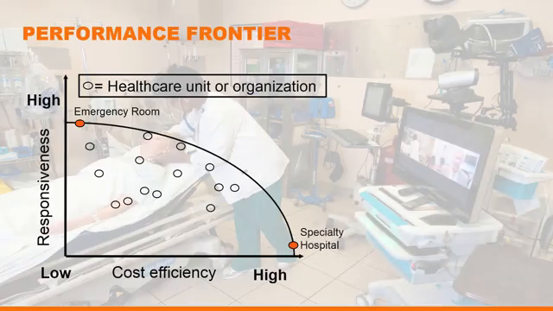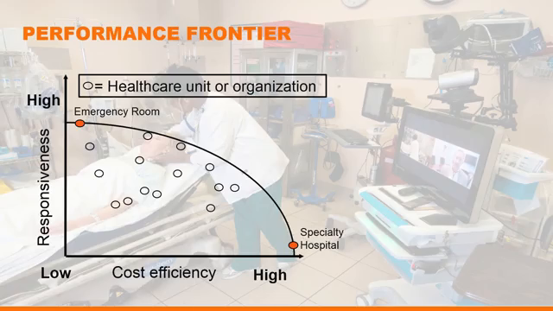So here you have a graph which is talking about the two different competitive capabilities of cost efficiency and responsiveness that you can get from operations. On the x-axis you have cost efficiency. Higher cost efficiency means lower cost structure, and higher responsiveness means being quick with responding to customer needs.